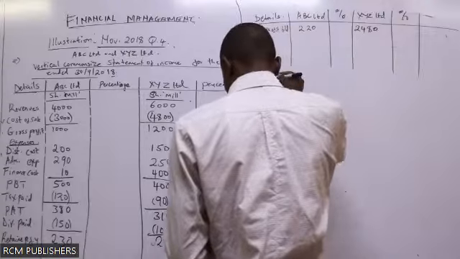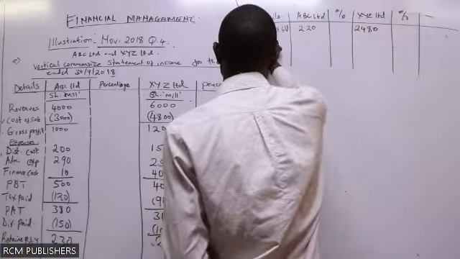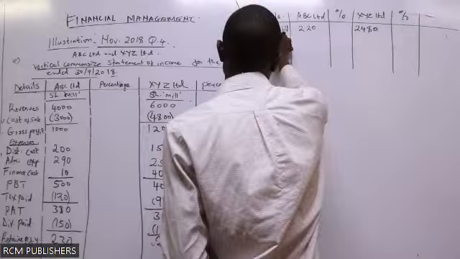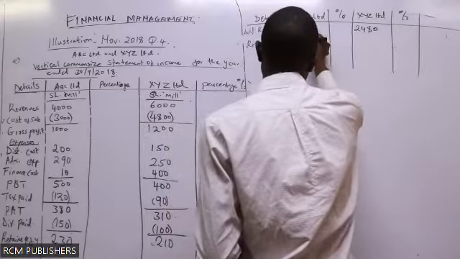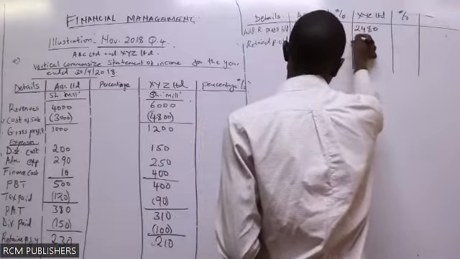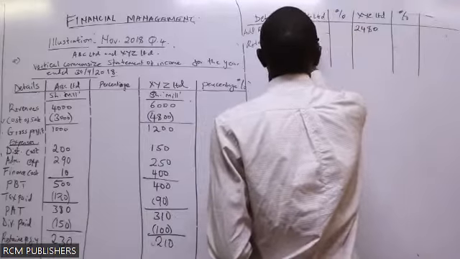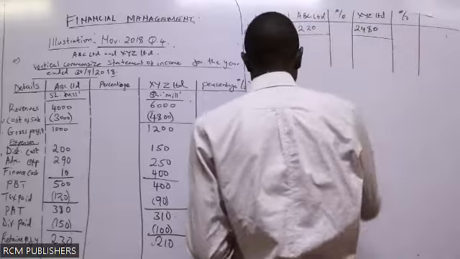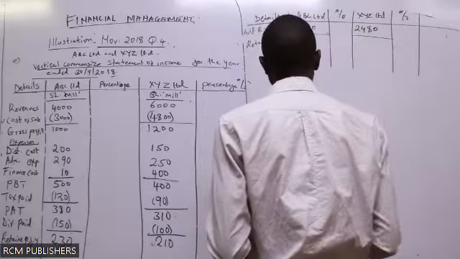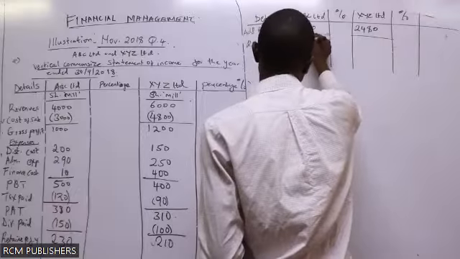Then we have retained profit carried forward. Retained profit carried down. Now this one we shall be having 450.